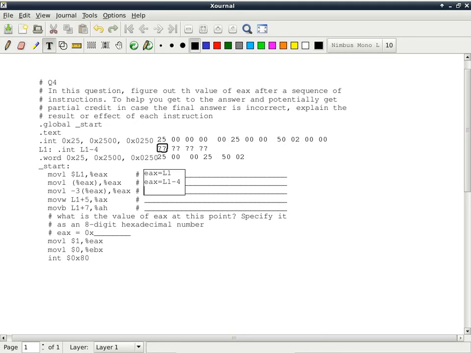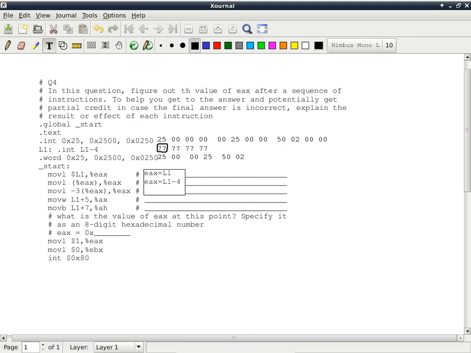We have seen this in the MEM2 homework assignment. The MEM2 homework assignment has the same type of construct. The third instruction is going to copy 3 bytes off from, or it will start copying 3 bytes before where EAX points to, and copy 4 bytes starting with that location to EAX.